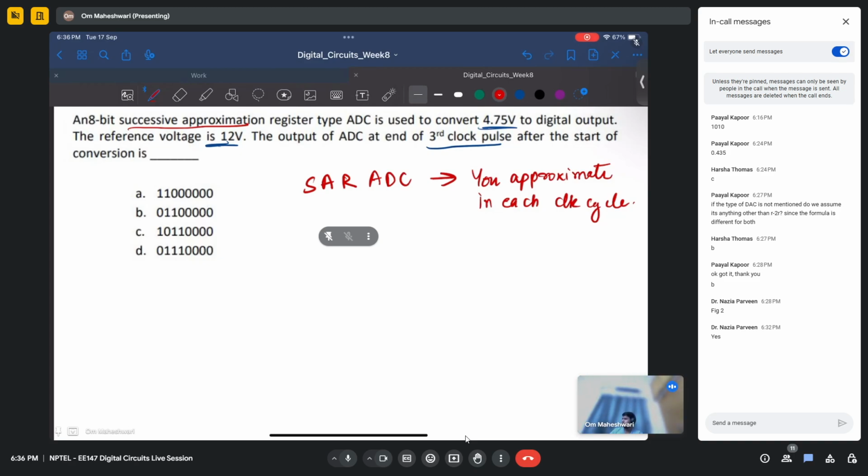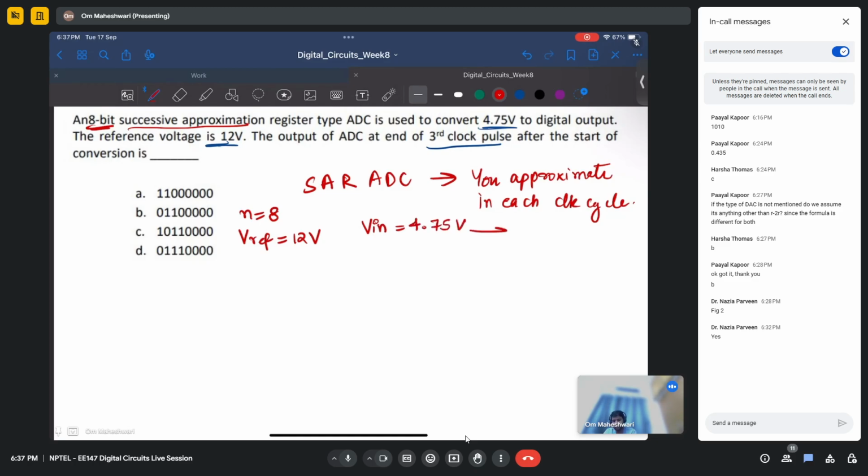All right, so let us solve this question. So we have 8 bits, so n equals 8, and Vref is given as 12 volts, and Vin is 4.75 volts.